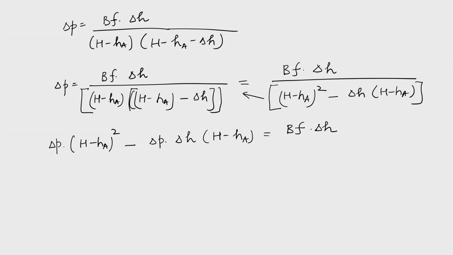So, there I can easily write now that I want to calculate delta H basically in terms of delta P with this formula. So, let us shift this term on this side.